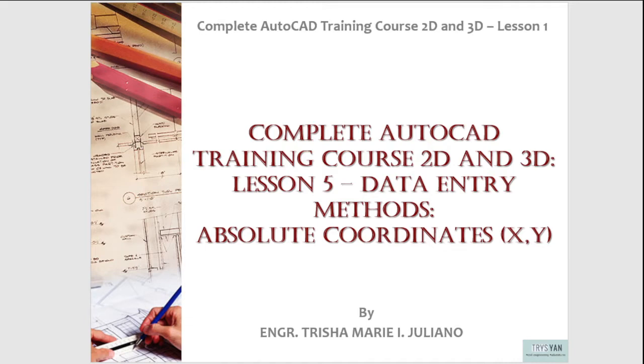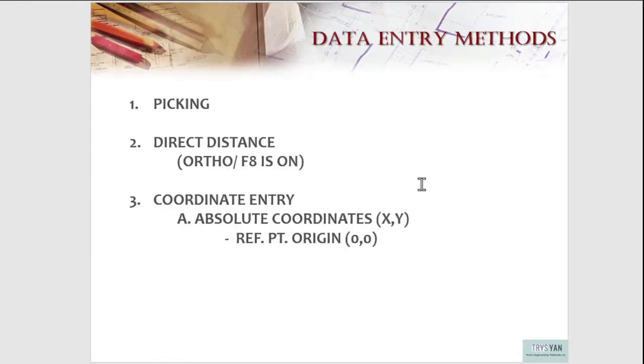And now we're down to lesson 5 on our complete AutoCAD training course for 2D and 3D. For today's lesson, I am going to demonstrate the data entry methods using absolute coordinates X and Y. These are the three main data entry methods: picking, direct distance, and the absolute entry using absolute coordinates X and Y. We already discussed picking and direct distance in lesson 1.